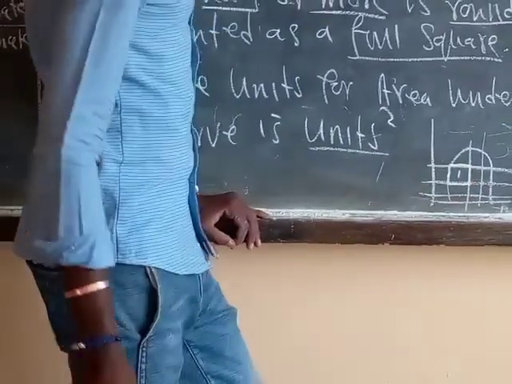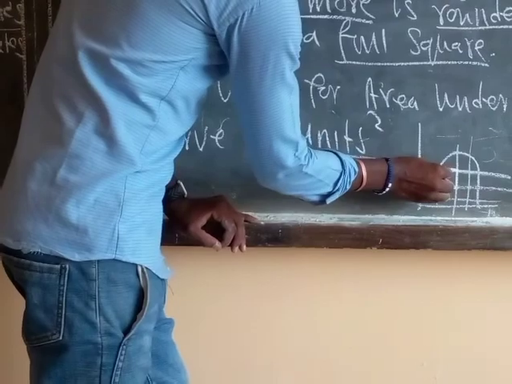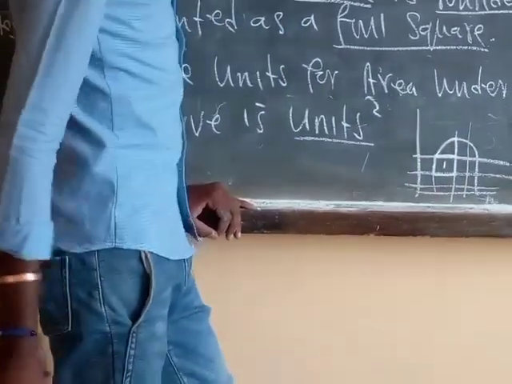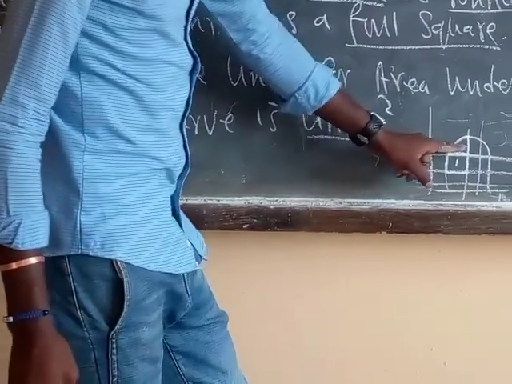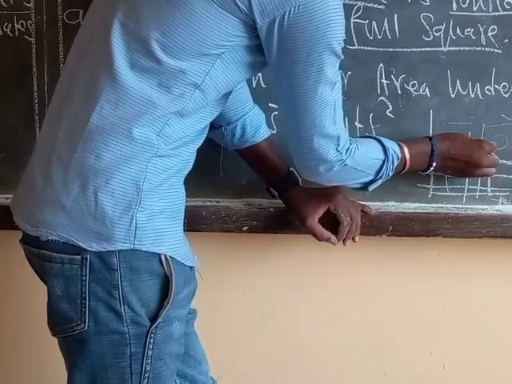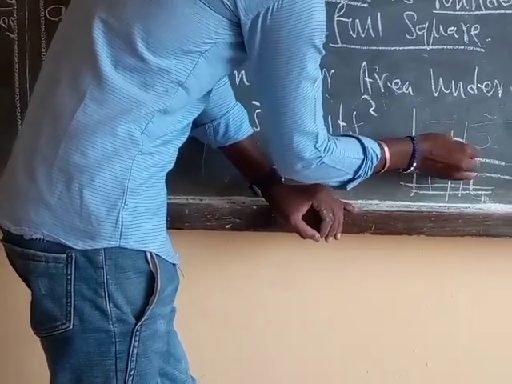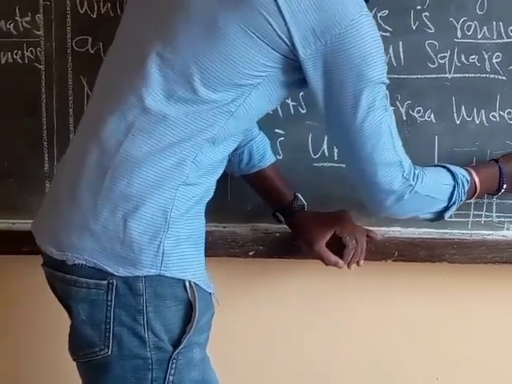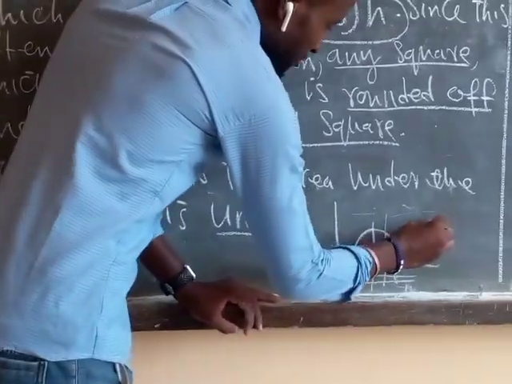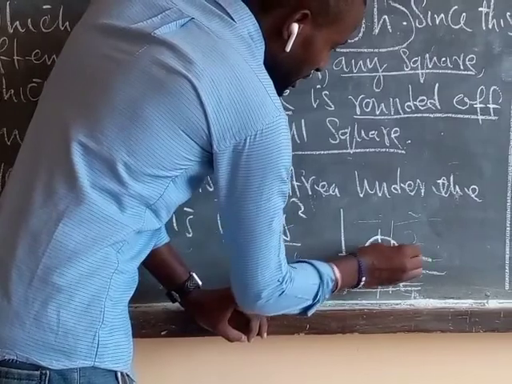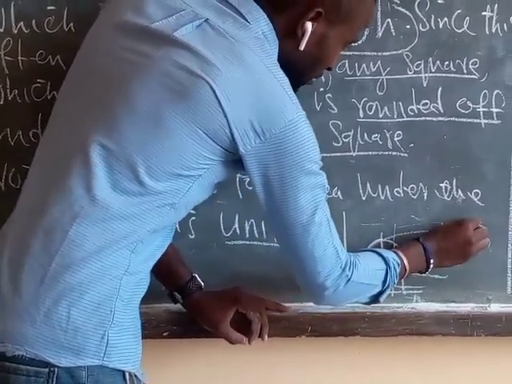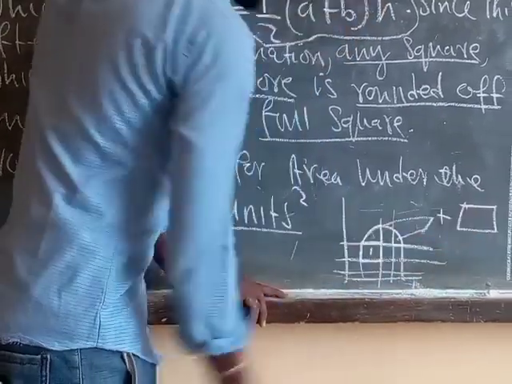But when you look at this square here, it is not a full square, it's half of a square. We cannot count it alone, but we get this half plus another half over here, which gives us 1 square. So when I add them, I'm going to have a complete square.